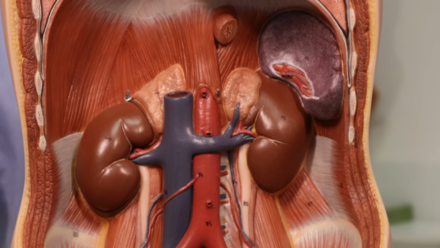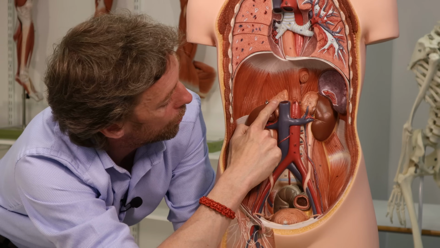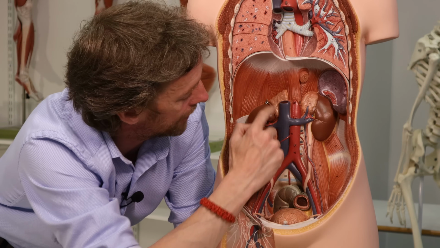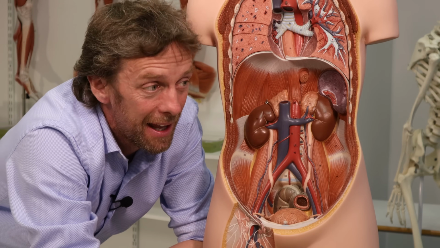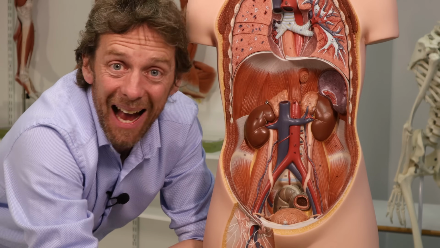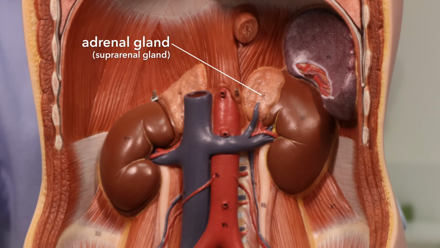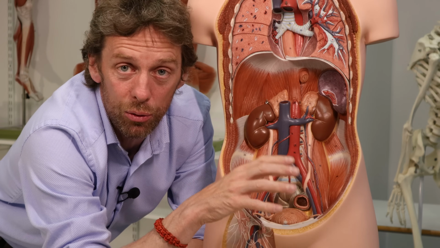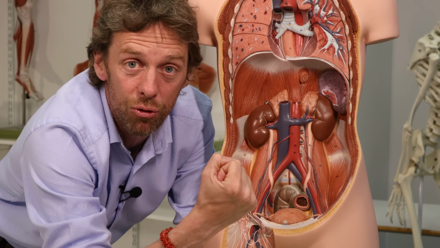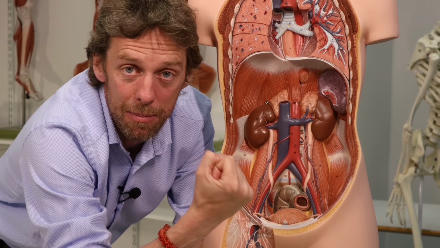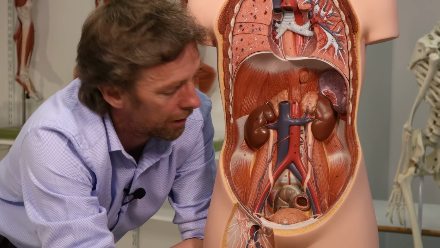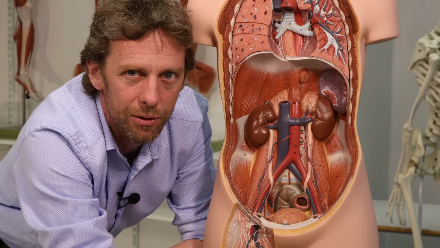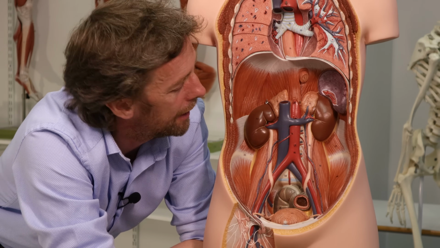Now on the superior pole of each kidney we have a suprarenal gland, or an adrenal gland. The adrenal glands make adrenaline and noradrenaline. Obviously that's involved in the fight or flight response, in the adrenaline rush, in the activation of the sympathetic nervous system, so you can fight or fly away, run away.